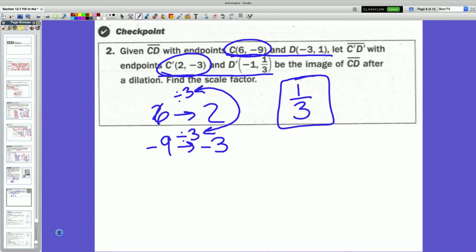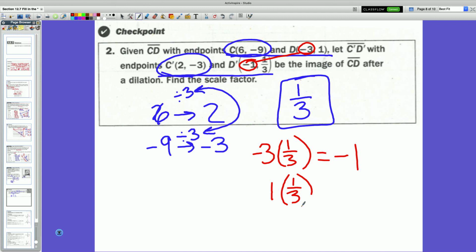If I look at the D's, I take -3 times 1/3, I would get -1. Does -3 go to -1? Absolutely. Okay, let's check the Y's. 1 times 1/3, well, 1 times anything is just itself, so 1/3. And this Y goes to 1/3, so that's perfect. So you could pick C's to compare, you could pick D's to compare, but you have to compare the same point to its image.